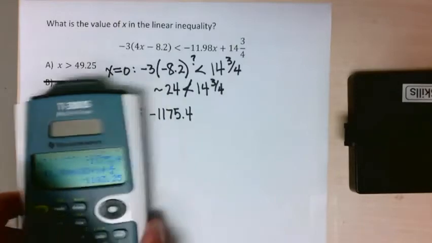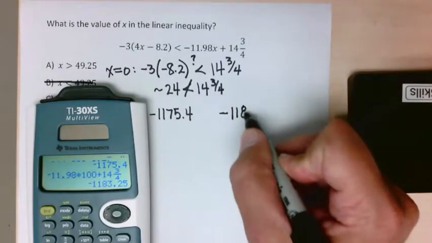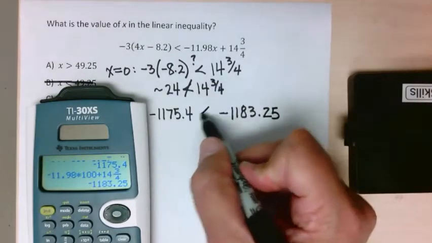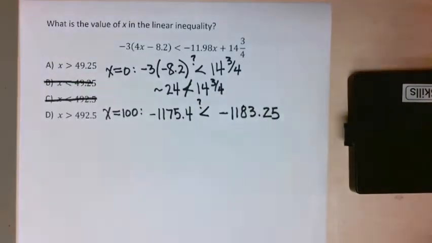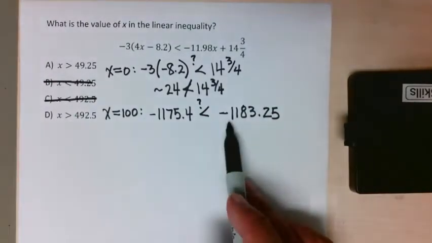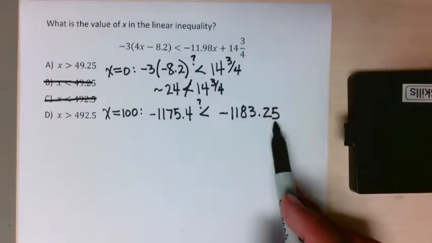I have -1,183 and 25 and the question is, is -1,175 and 4/10 less than -1,183 and 25? And the answer is no, it is not.